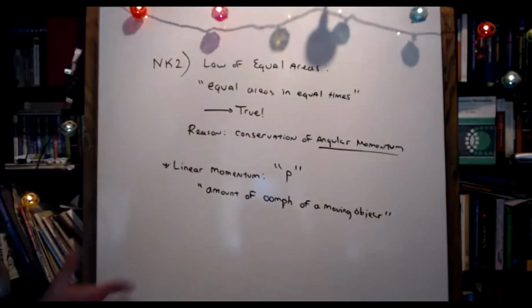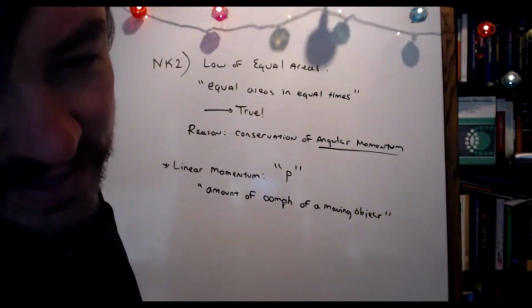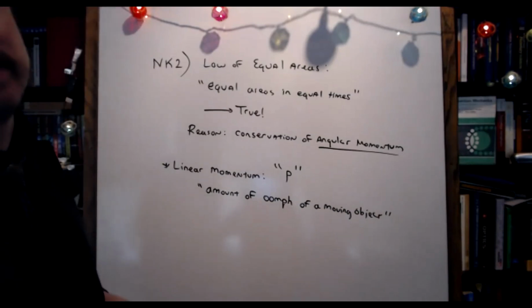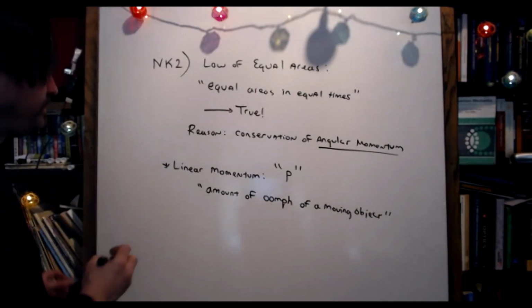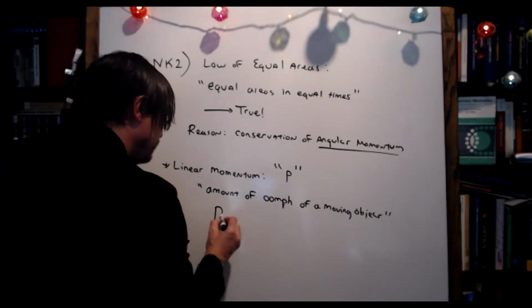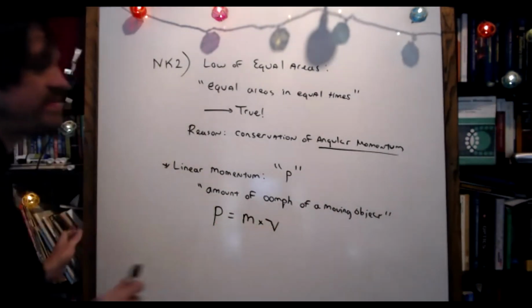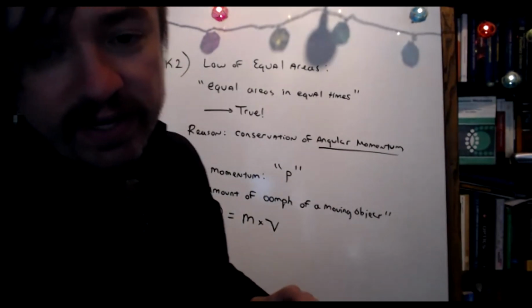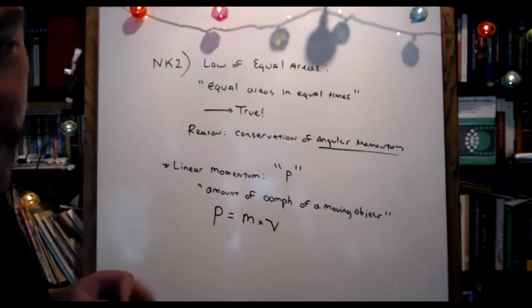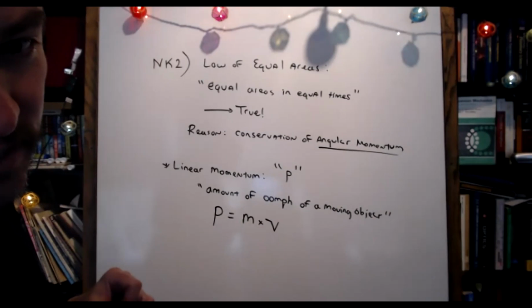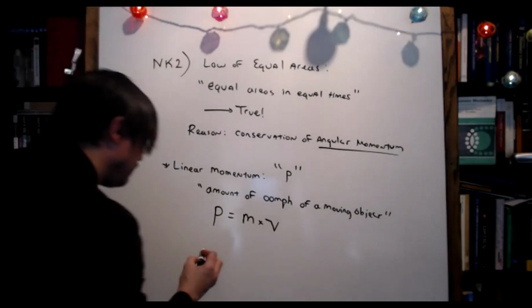Momentum is kind of a difficult thing to talk about, but you could think of it as the amount of oomph of a moving object, if you know what I'm saying. It has a definition: the product of an object's mass times its velocity. I'll show you a demo in a second here. Linear momentum, the amount of oomph of a moving object.